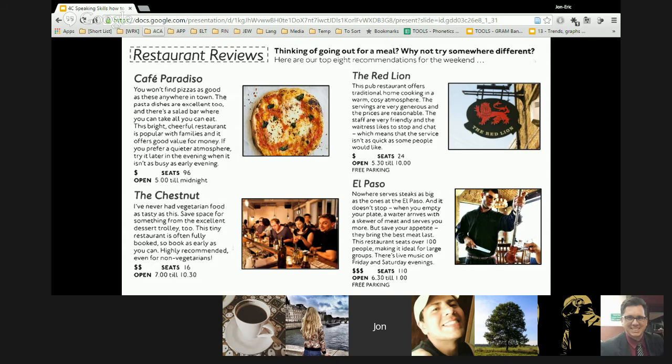We have time for maybe just one or two more, because I want to get to the grammar too. So, Mr. David, which one would you choose out of these four? Probably I would choose the Chestnut. The Chestnut. Why is that? Because they have the most variety in terms of desserts.